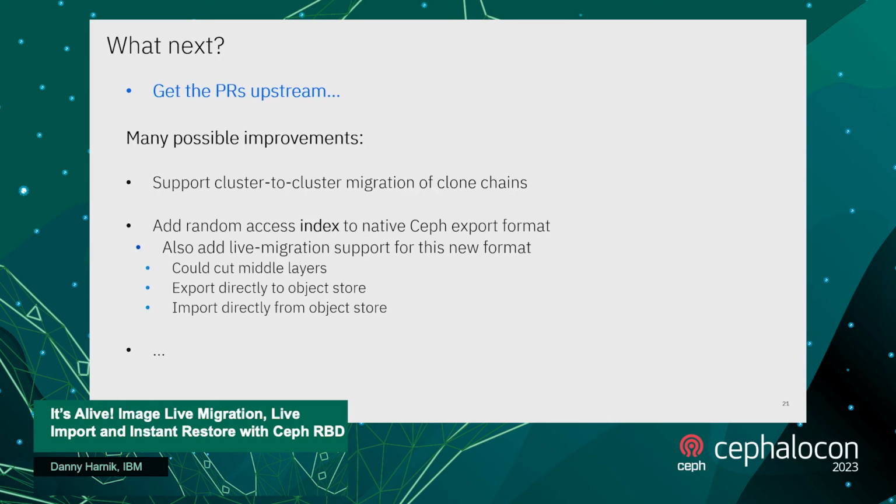So support for cluster-to-cluster migration of clones is one example. On the backup restore side, I think it's a bit more interesting. There's work that can be done, and I don't think it's far out there in terms of the complexity. So if we can add an index to the native Ceph export format, and we've already set out the design for this, so it's nice.